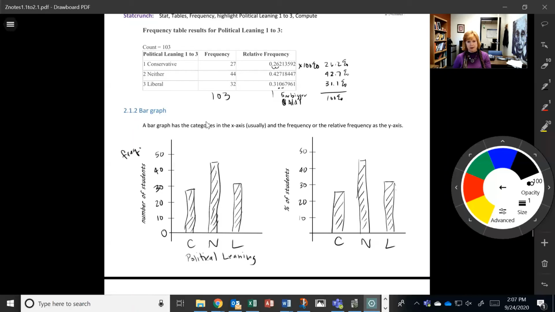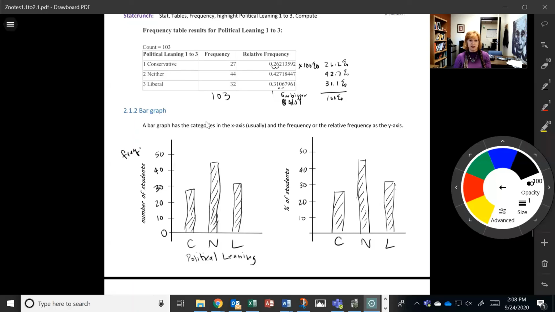And you can see the shape is about the same. It goes up and down about the same amount. They're proportional to each other. Even if these percentages were different or these counts were in the hundreds, they would look approximately the same, because all I'm doing here is just changing the scale.